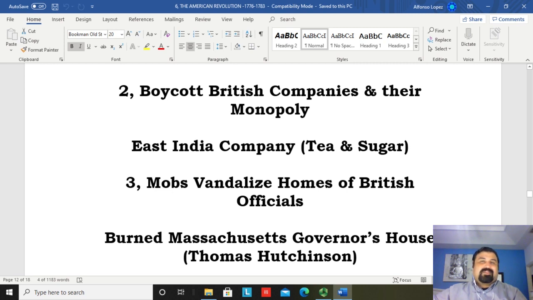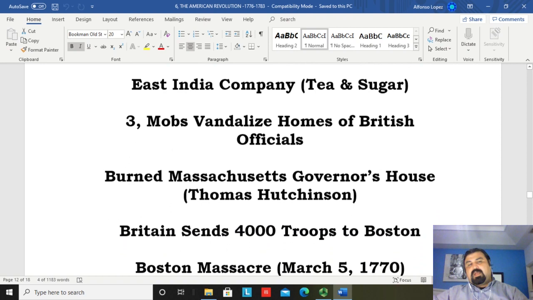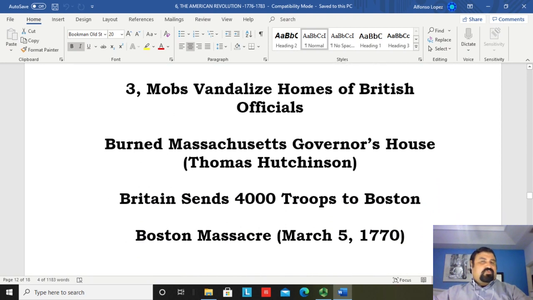So the colonists were simply going to consume the product nonetheless, while the merchants were trying to affect British trade by telling people not to buy from British companies. It was not that successful because colonists would simply continue to buy products anyway at the marketplace.